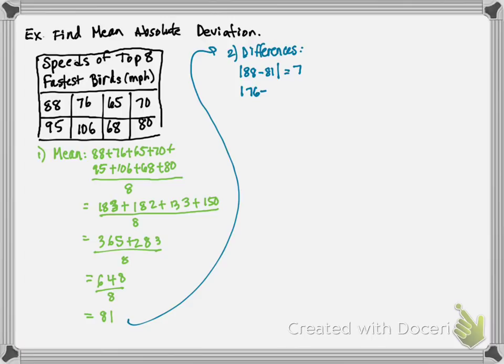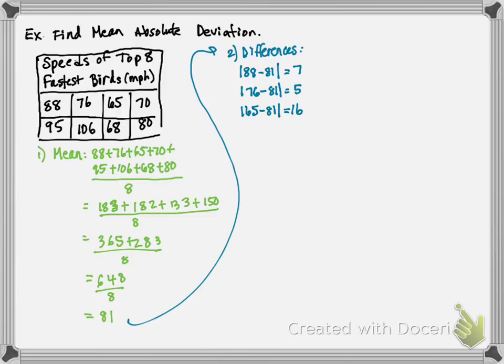And then let's do 76 take away 81. Now, it's really 81 take away 76, which is a difference of 5, but it'd be negative 5. So the absolute value makes it positive 5. And then 65 minus 81. That's really 81 take away 65, which is 16, negative 16, but the absolute value would be positive 16.